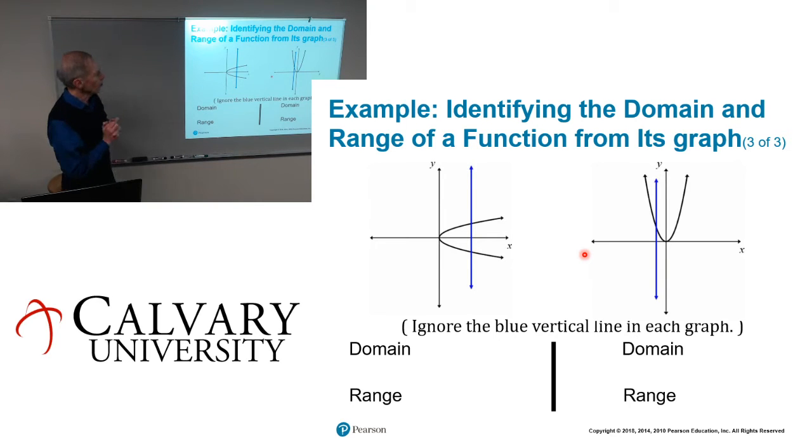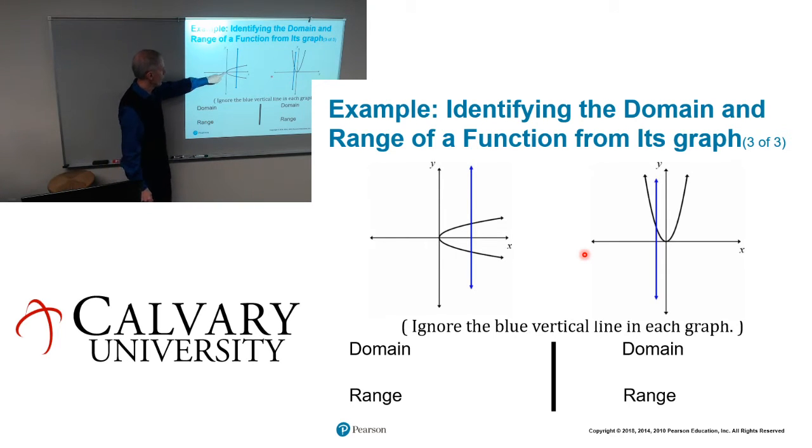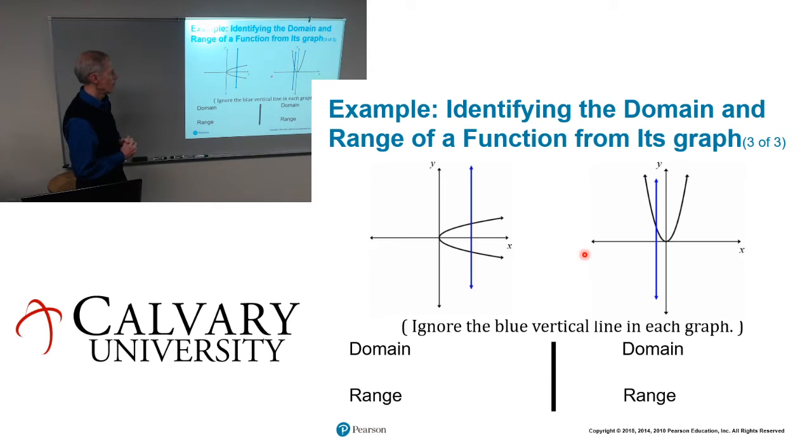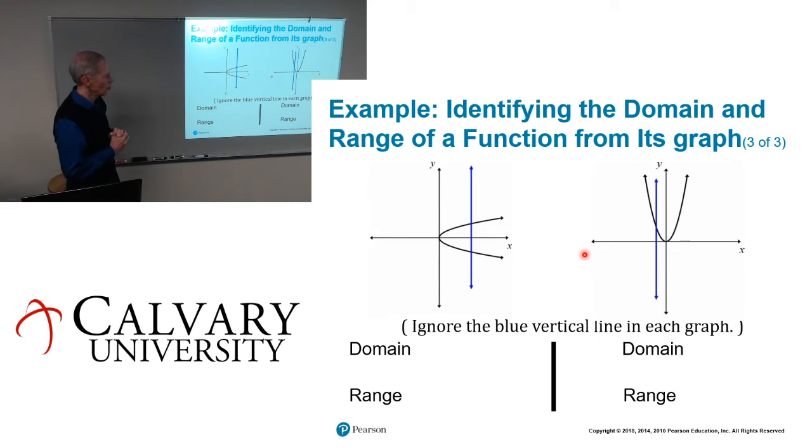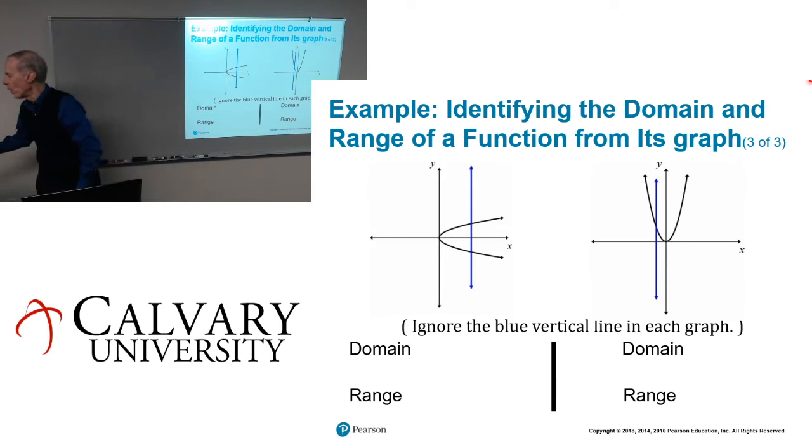So when you look at the graph, notice that this graph keeps on going forever, which is the point of these two arrows at the end. But notice that the values of x do not extend to the left. Now keep that in mind when we look at the second function on the right.